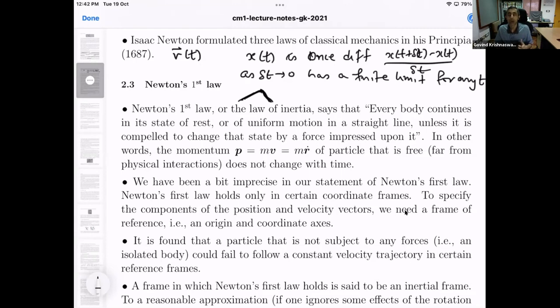Now, of course, it has consequences, and it is consistent with certain other laws or deductions from other laws. So, for instance, Newton's second law will involve the second derivative of position, and there it will come useful. On the other hand, Newton's second law will not involve the third derivative of position. So there is no need for the third derivative to make sense. We could have trajectories where the third derivative doesn't exist.